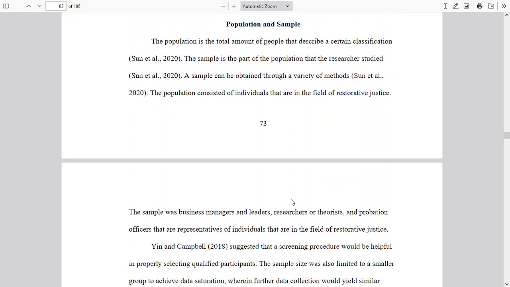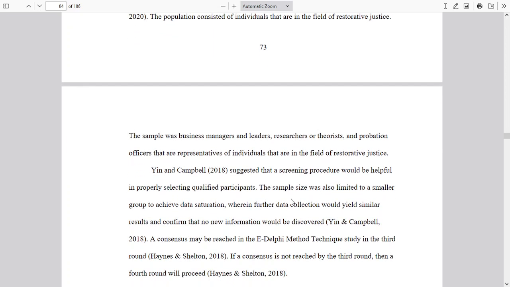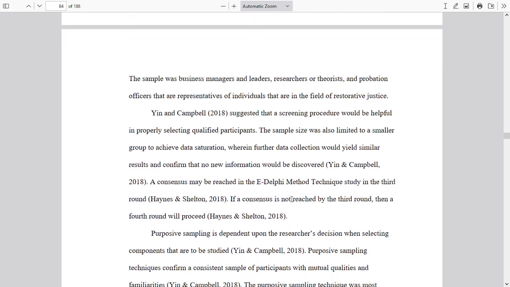The population and sample. The population is the total amount of people that describe a certain classification. The sample is the part of the population that the researcher studied. So the sample was business managers and leaders, researchers or theorists, and probation officers that are representatives of individuals that are in the field of restorative justice.